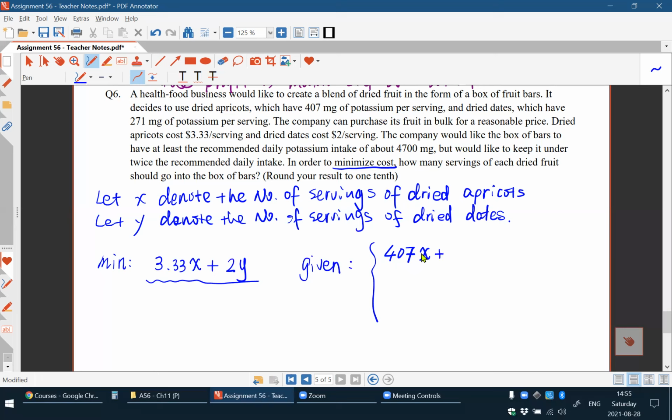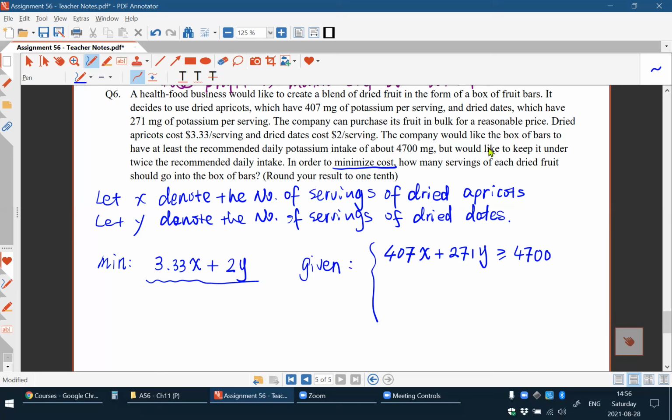And similarly, for the dates, the amount should be 271y, because it says 271 milligrams of potassium per serving for the dates. So the total is greater than or equal to 4700, right? This is the first constraint.